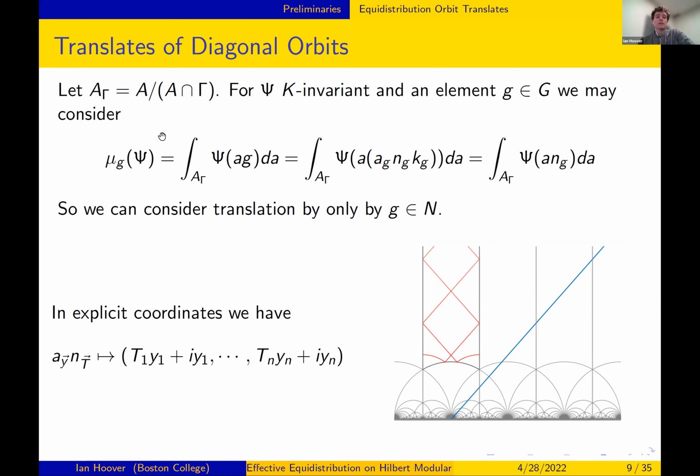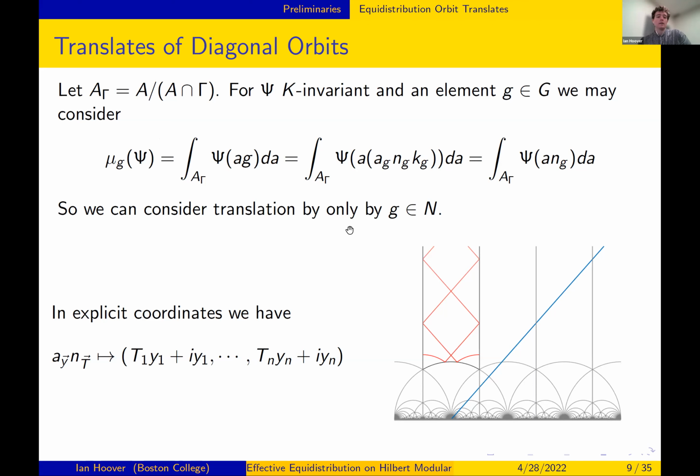Then when we translate by an element of the group, if we use our Iwasawa decomposition coordinates via a change in variable, a times some other a, we can just ignore that, since it's a K invariant test function. So in the end, all we need to consider is when we're translating by an element of N, our unipotent group.